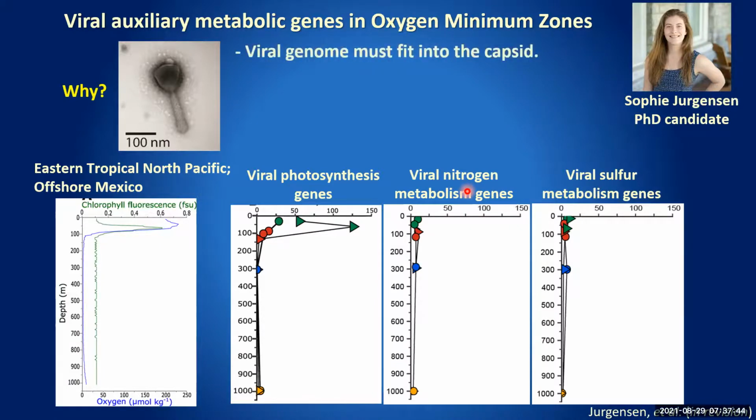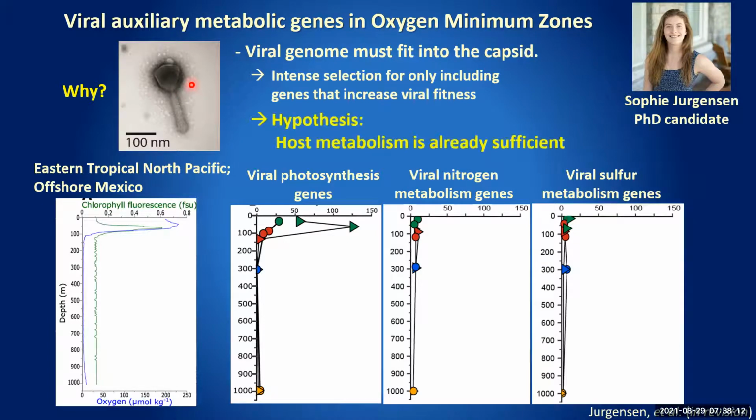We think that's because a viral genome must fit into the capsid. So the genome of this virus has to fit in this capsid. It's like fitting things into a box when you're moving. That means there's going to be intense selection for only including genes that increase viral fitness. If a gene does not increase the fitness of that virus, it is going to be selected against.